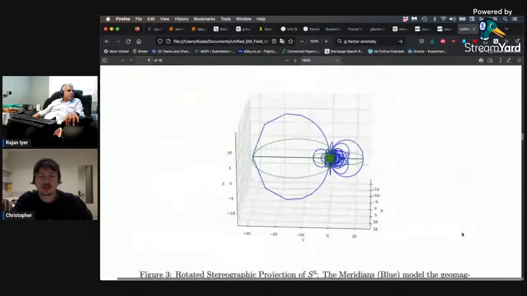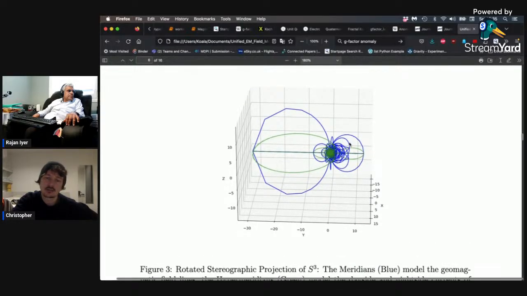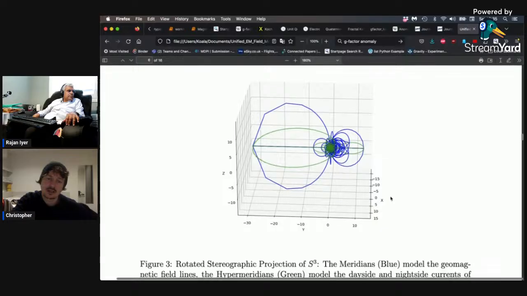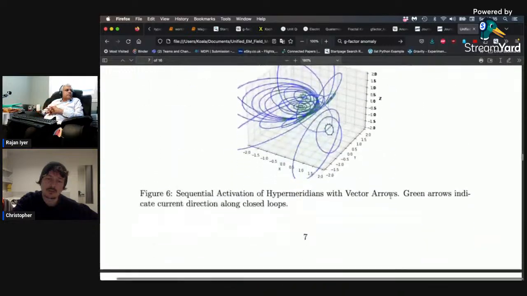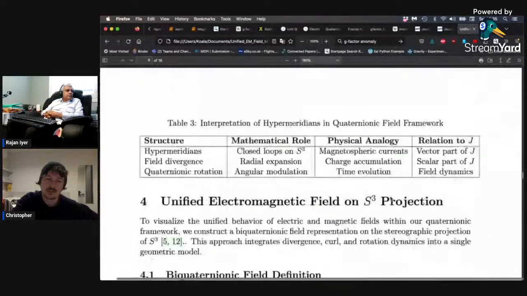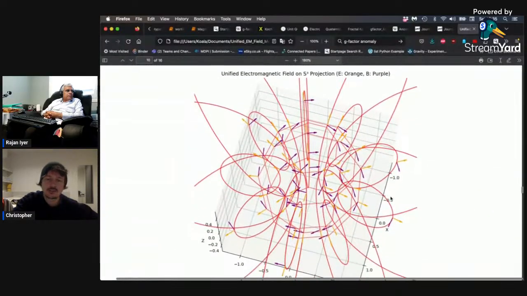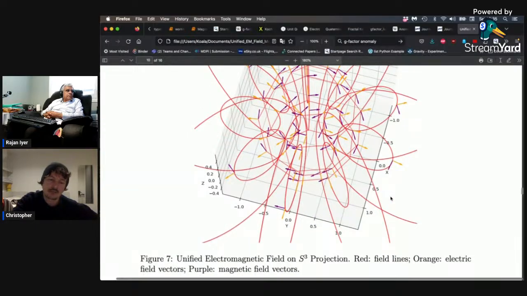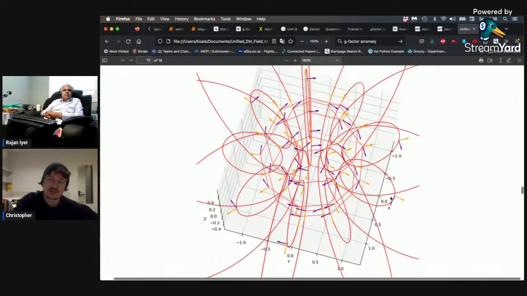Now this is possibly useful for modeling the Earth's geomagnetic field, because by rotating it in 4D space, we can distort the field lines and create the kind of distortions that we might expect from solar wind and photon density. But initially, we're trying to build a unified electromagnetic field using both the magnetic field vectors and electric field vectors.